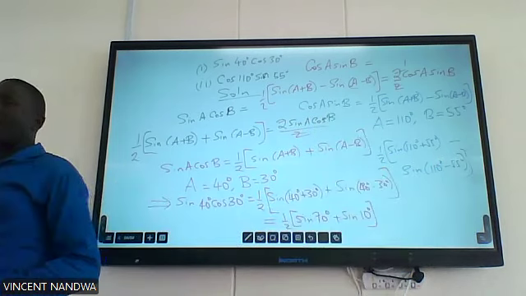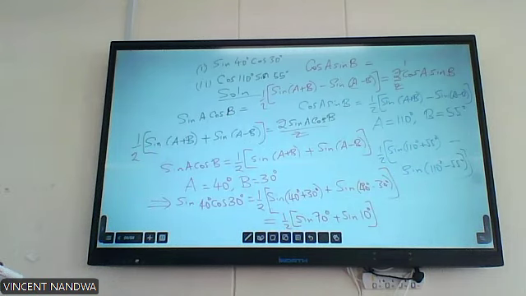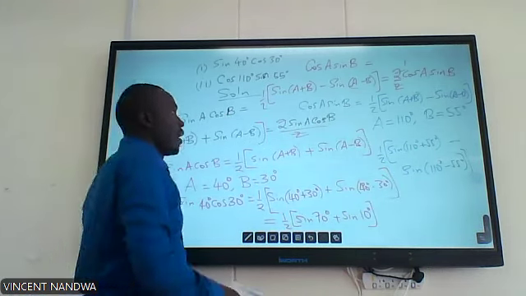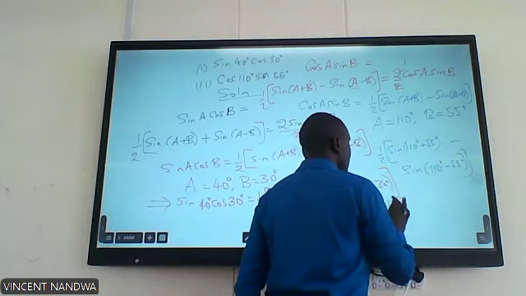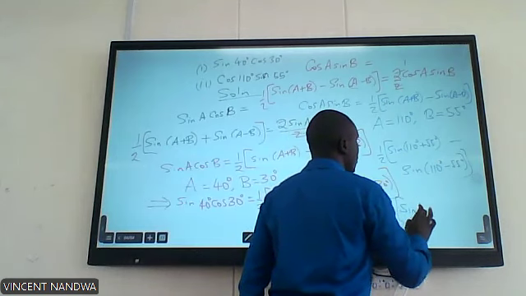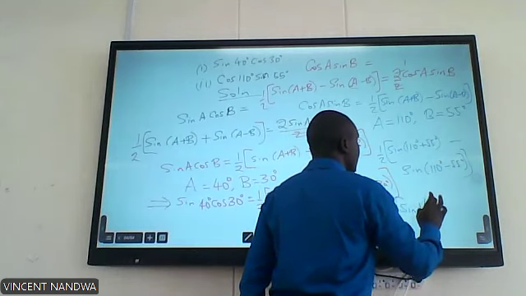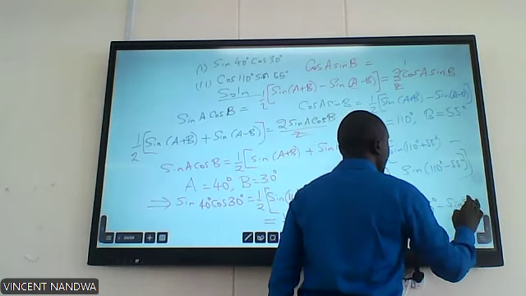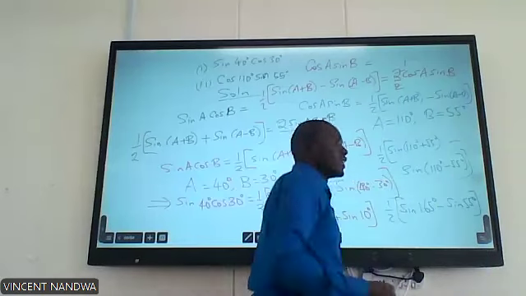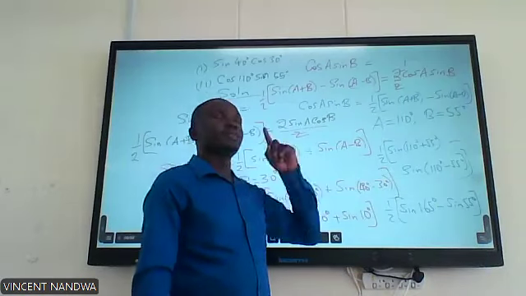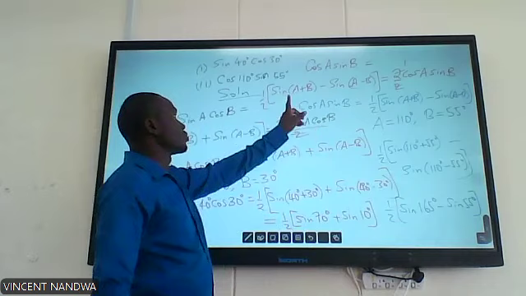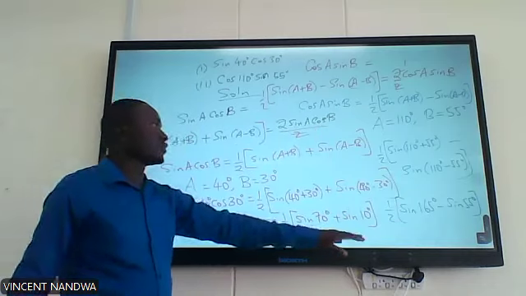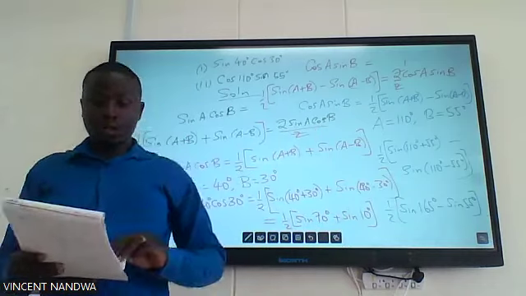So the final expression will be a half into sine of 165 minus sine of 55. Remember, this is the final answer. You wanted us to express it as a sum or difference. So the first one gives us a sum. This is a difference.